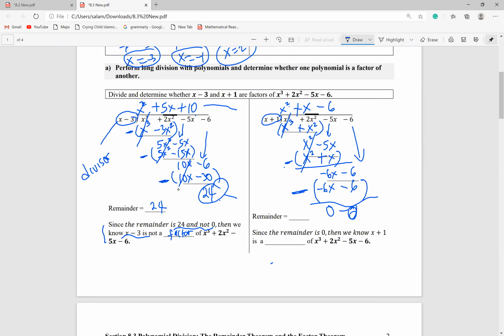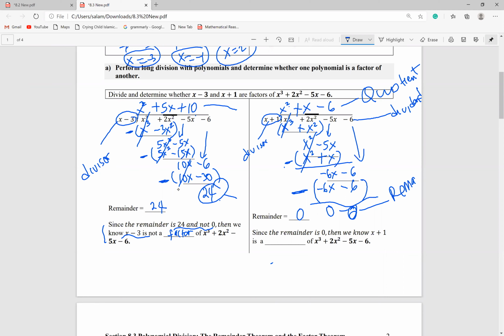The remainder is 0. So this is the remainder. This is our quotient. This is our dividend. This is our divisor.